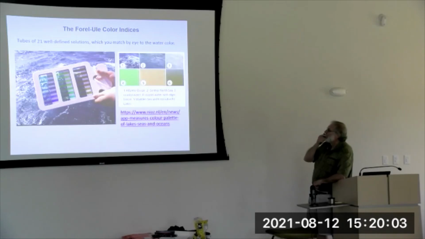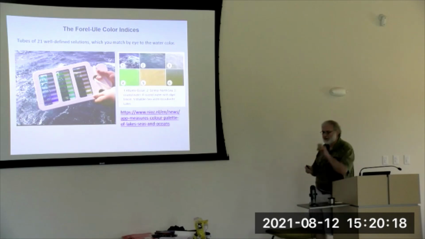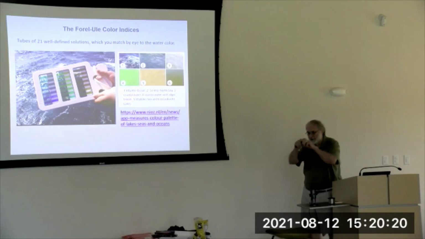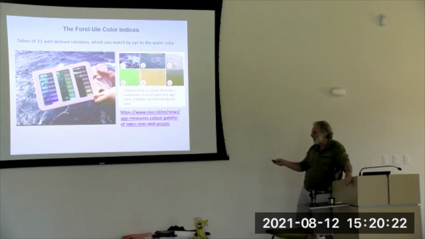Okay, final topic here, there's a thing called the Forel-Ulla color index. This goes back to the 1800s when these two chaps, Forel and Ulla, came up with mixtures of stable dyes, and then they put the dyes in little test tubes, put them in a little rack, and the colors went from a deep blue through green, through kind of yellowish and kind of to a brown.